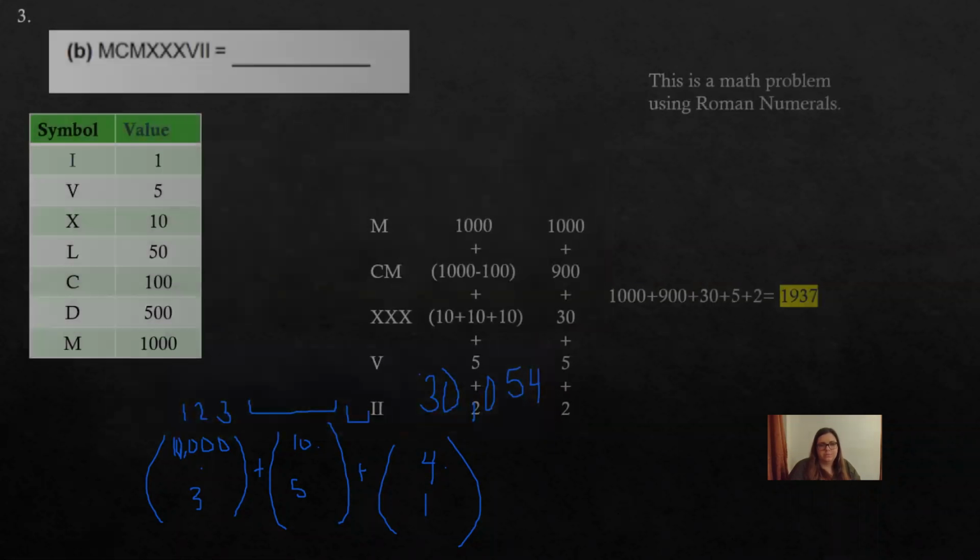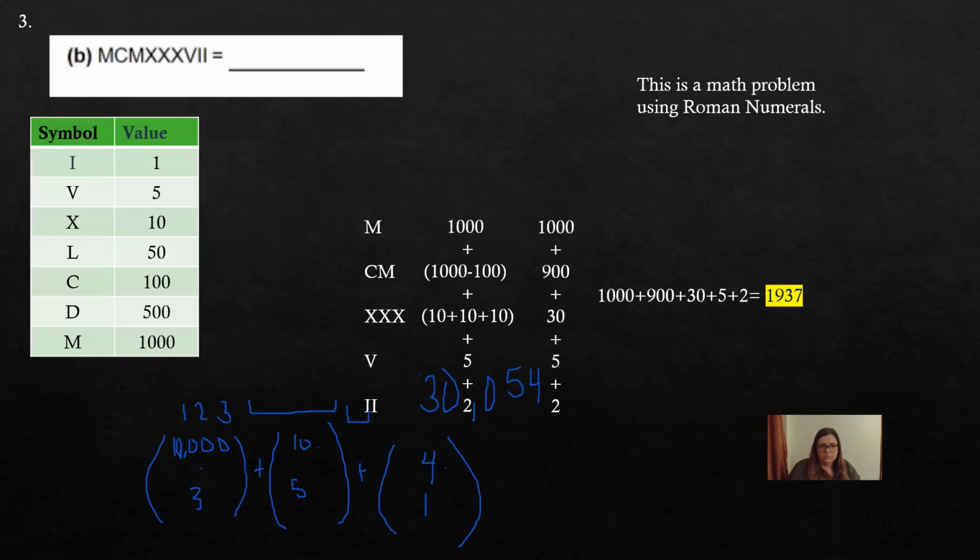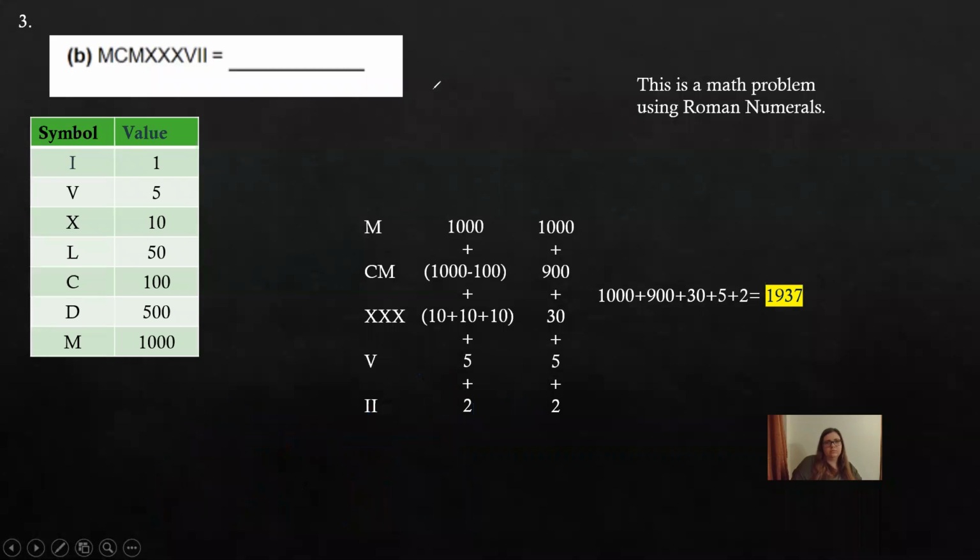Let's go on to the next one. Okay, so right here we have the Roman numerals. So M's are 1,000, and if you have a number before the M, then you're going to subtract the letter before that letter. So we had 1,000 and we had 100.